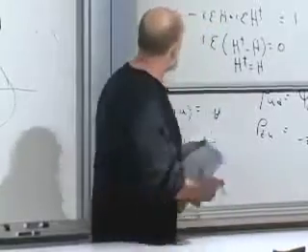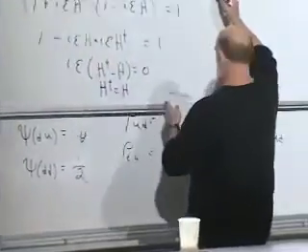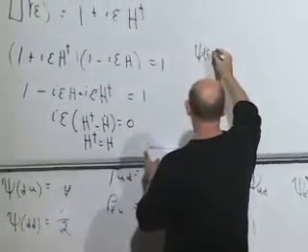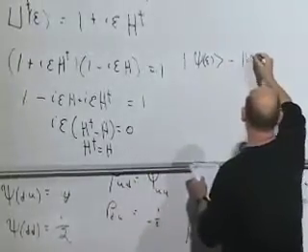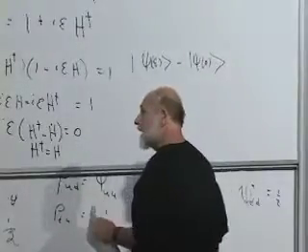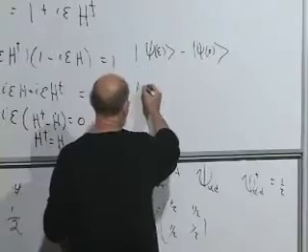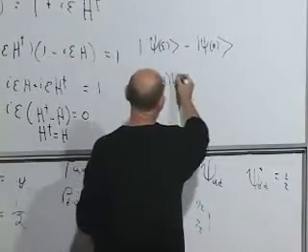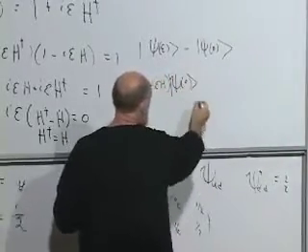We can write this another way. Let's write psi of epsilon minus psi of 0. What is that? Psi of epsilon is 1 minus I epsilon H times psi of 0, minus psi of 0.